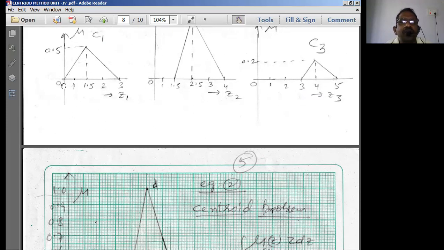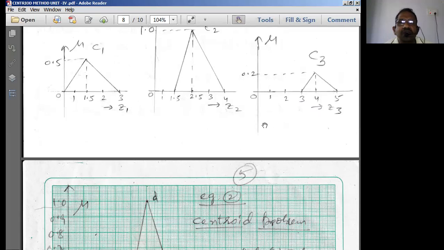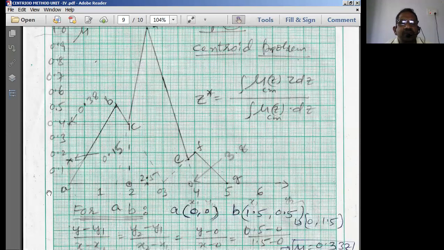What is important is the starting points. C1 starts at 0, C2 starts at 1.5, C3 starts at 3. So 0, 1.5 and 3. At 3, this last set is starting. At 1.5, this set is starting, ending at 3.